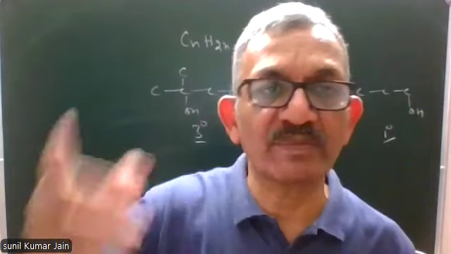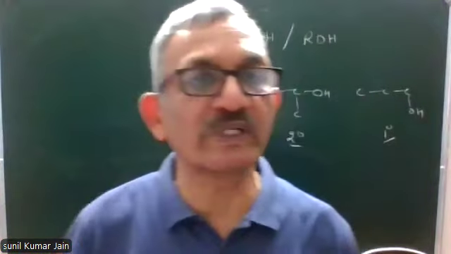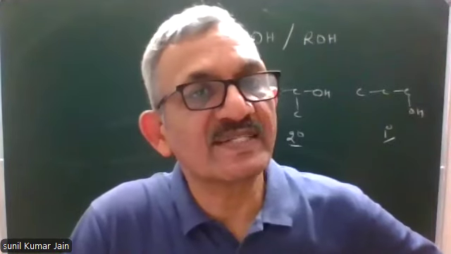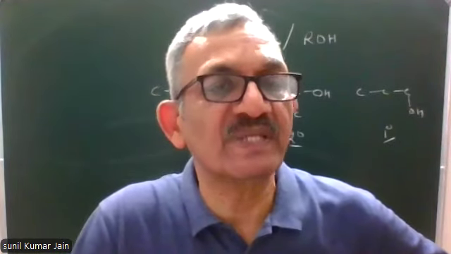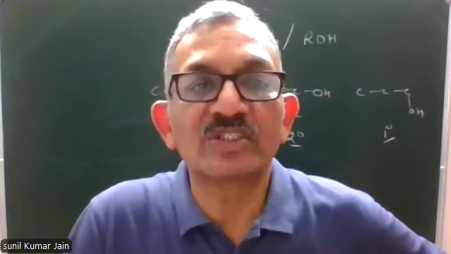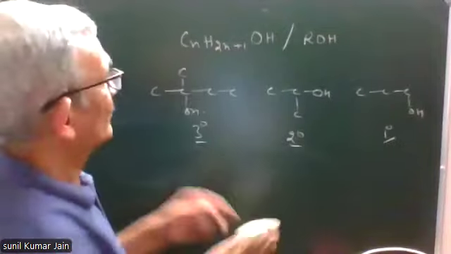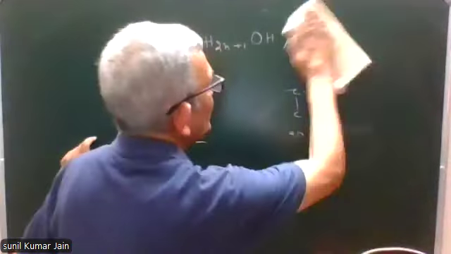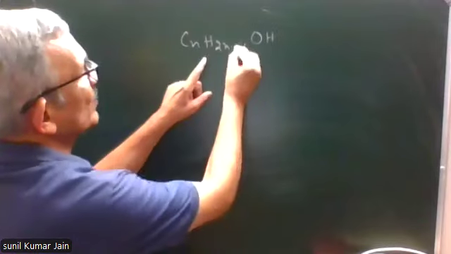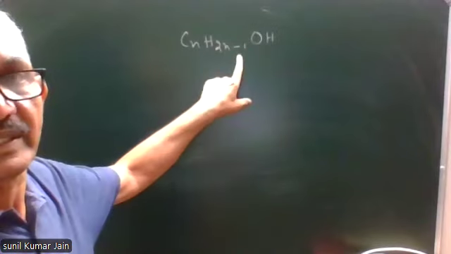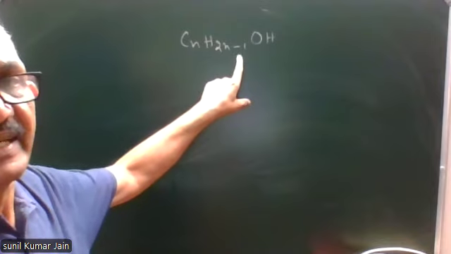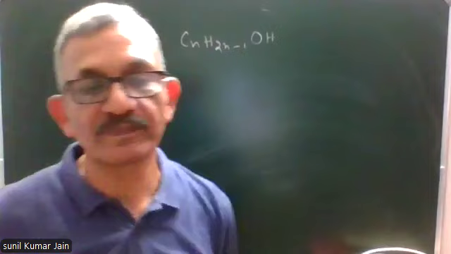Alicyclic or carbocyclic means the ring made up of carbon atoms only, and saturated means all the bonds should be single covalent bonds. Their general formula is CnH2n-1OH.